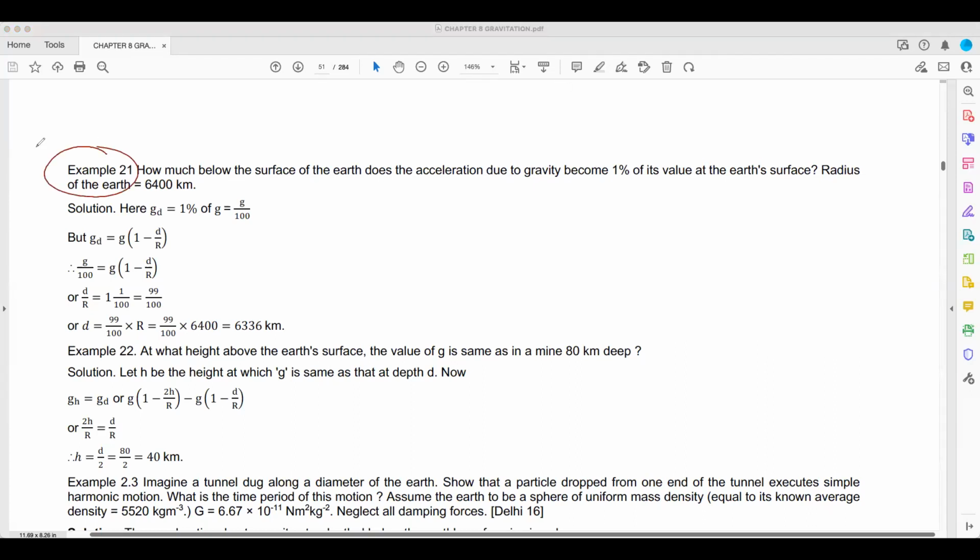So how to do this? How much below the surface of the earth? So when they say below the surface, they're talking about depth. How much below the surface of the earth does the acceleration due to gravity become 1% of its value at the earth's surface? So how to solve this?